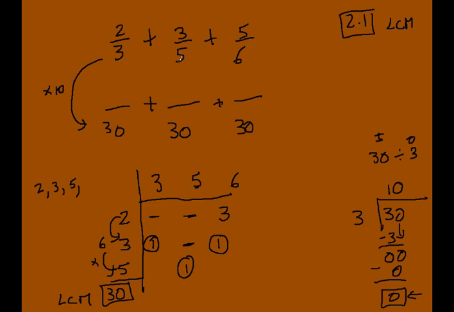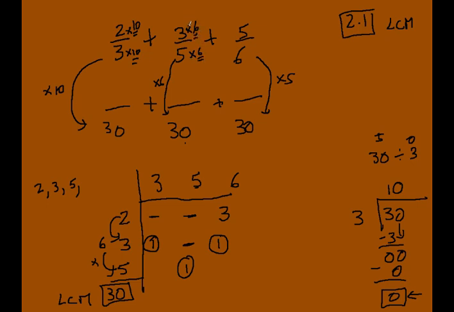Again, remember your multiplication tables. 5 times what gives me 30? It's 5 times 6. 6 times what gives me 30? It's 6 times 5. So again, what was the rule? If I'm going to multiply the bottom by 10 to get 30, I have to do it to the top as well.